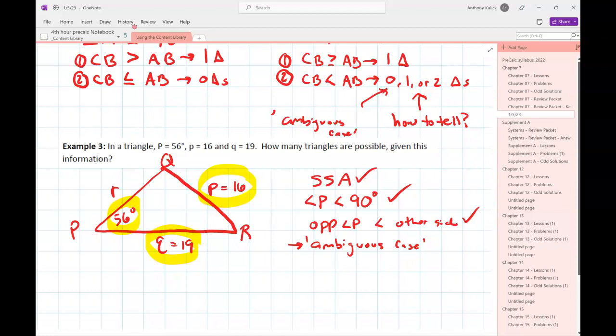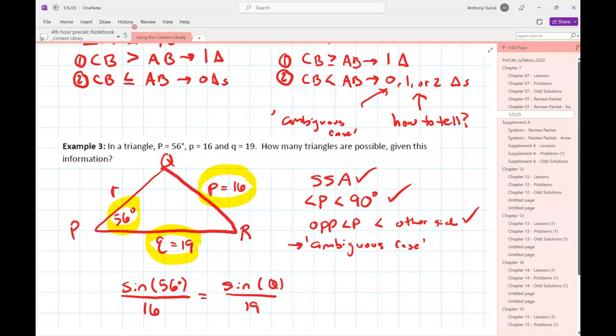So what I do is I'm just going to use the law of sines on what's available. So I'll do sine 56 over 16 equals sine Q over 19. And that's the only law of sines equation that I can write. Everybody agree?